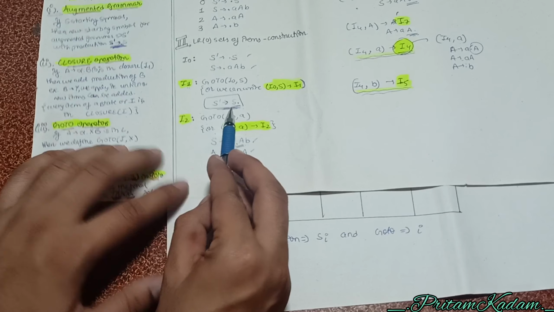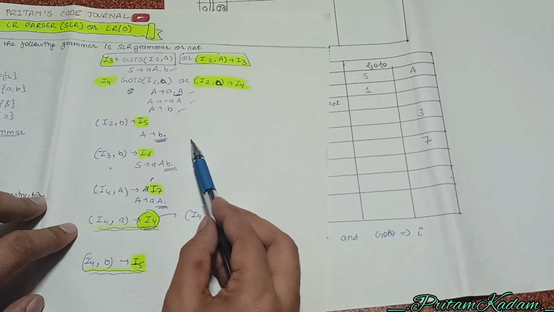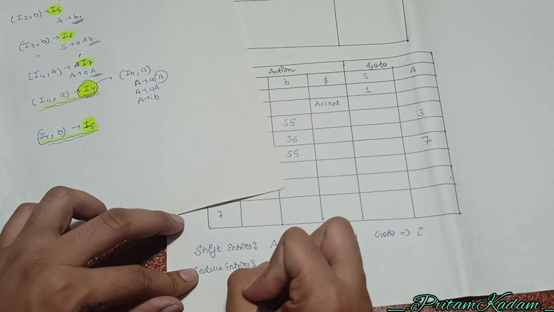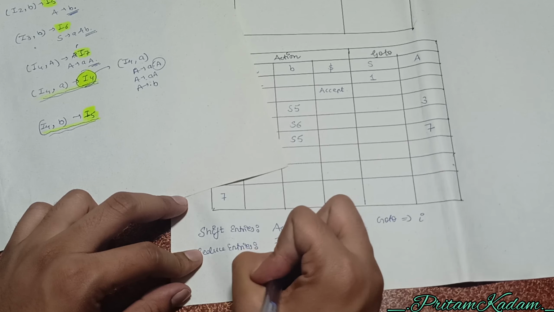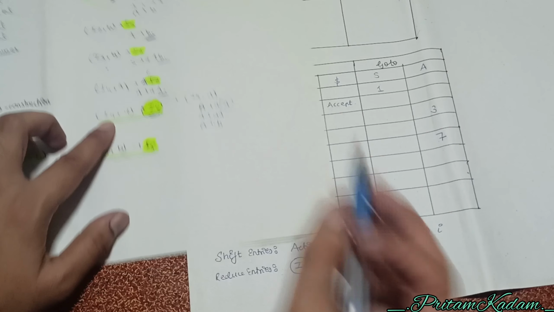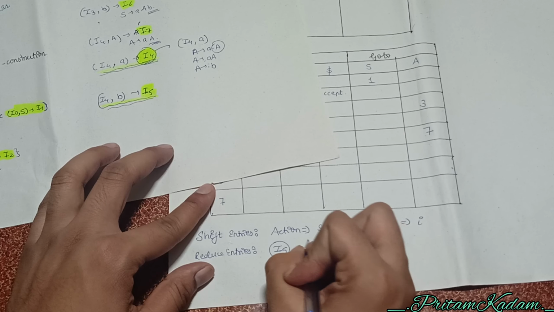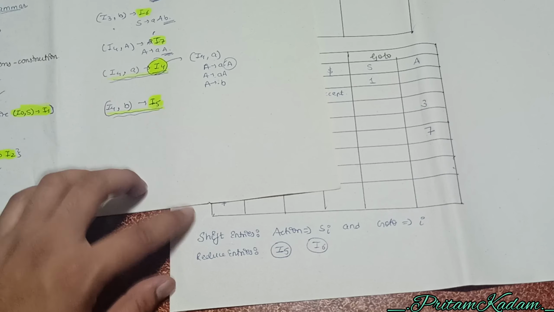We will leave this part and proceed ahead, and here it is the I5, and then we have the I6, then we have I7.